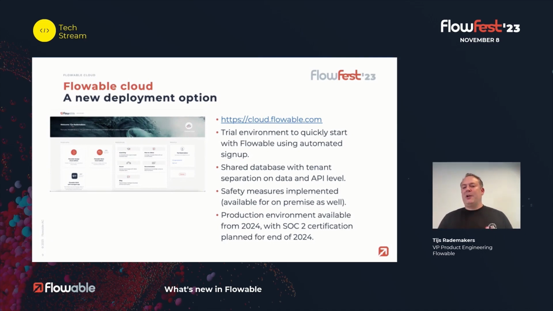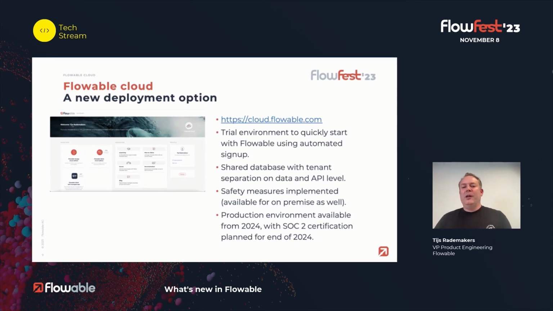And that environment is set up with a shared database with tenant separation on the data and API level. So we really make sure that nobody can access data outside of their own tenant. So that's really secure. And then we implemented quite a lot of safety measures on top of the normal engine.